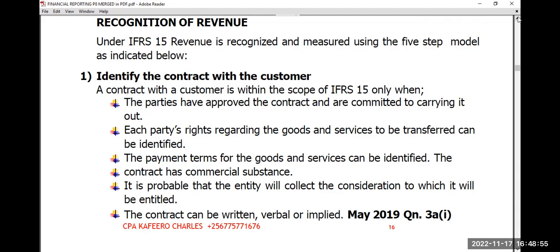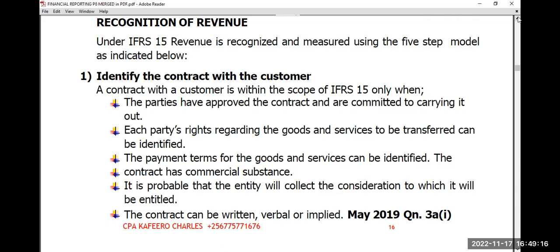Then the other one is that the contract has a commercial substance. For something to have a commercial substance, it means that the contract must give rise to monetary benefits. At least we expect that there must be an outflow of cash.